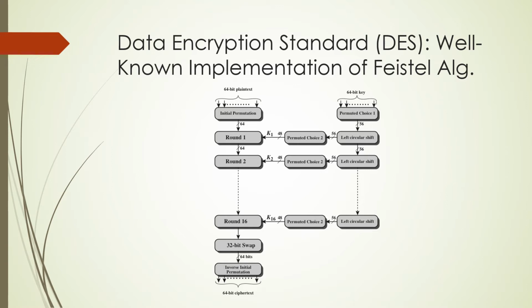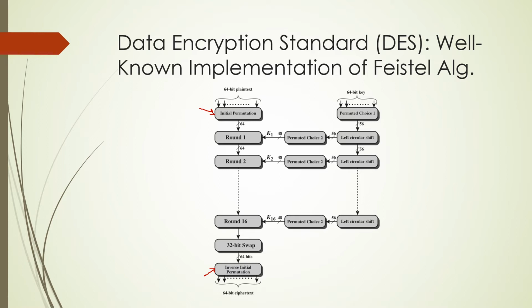DES stands for Data Encryption Standard. Basically, it's an implementation of the Feistel algorithm, which I showed you in the previous slide, with some changes. The original Feistel didn't have this step of initial permutation and the final step of inverse initial permutation, but DES has.